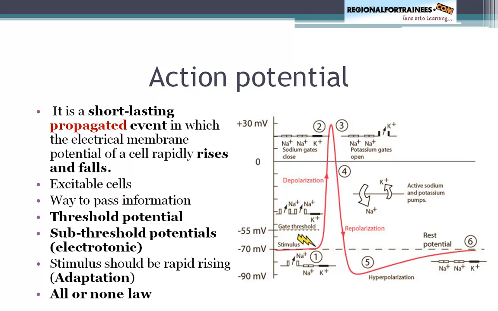There can be subthreshold potentials which are called electrotonic potentials, but obviously do not result in action potential. And the given stimulus that would result in action potential should be rapid. And if that doesn't happen, the cell membrane quickly adapts and the depolarization quickly dies down. This phenomenon is quite important even in peripheral nerve stimulation, because the current used is a square waveform.